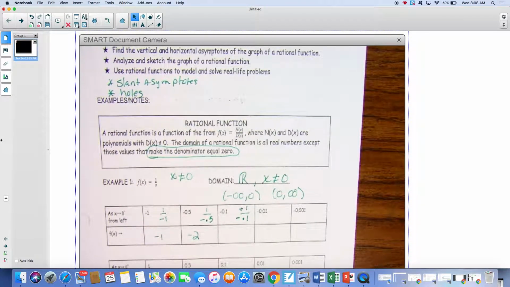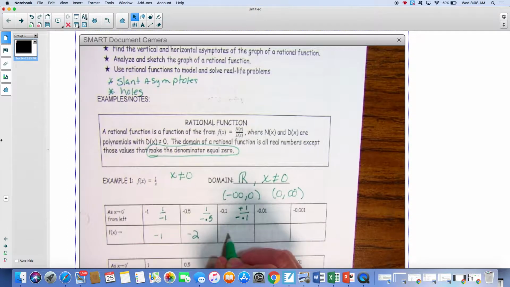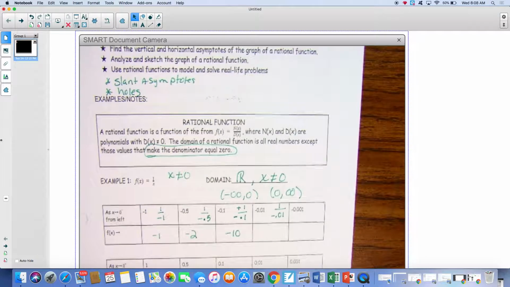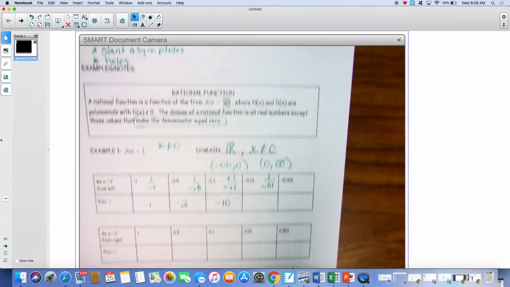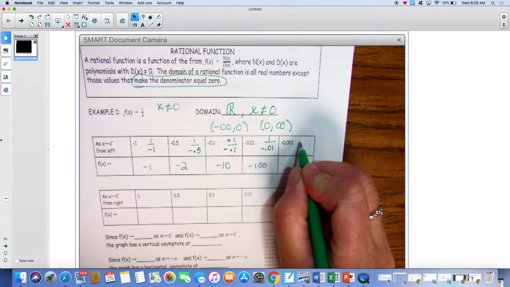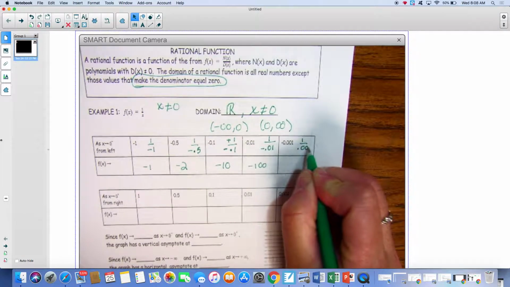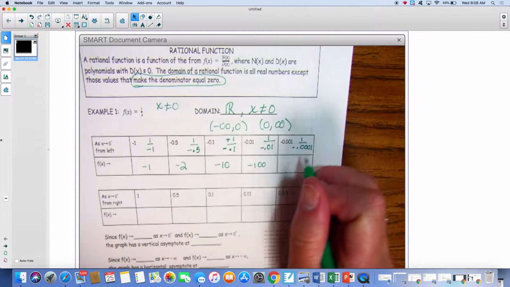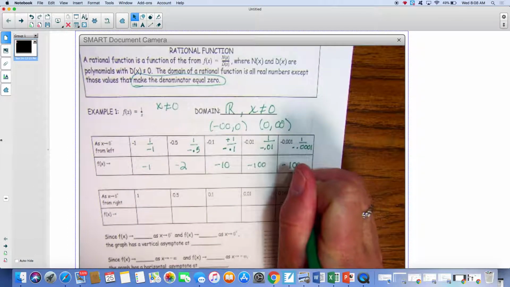That's 1 divided by 1/10, negative 10. This is 1 divided by negative 0.01, which is 1 divided by 1/100th. So that's negative 100. And what's 1 divided by negative 0.0001? Negative 1,000.